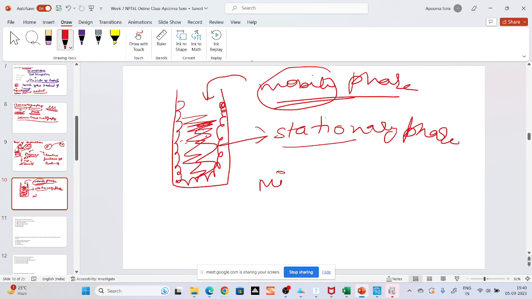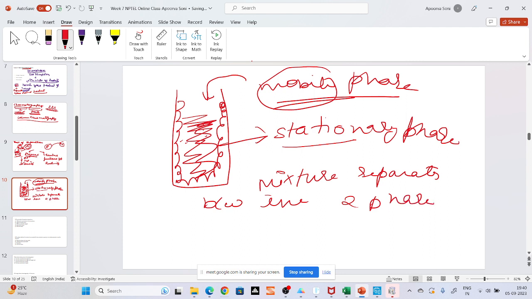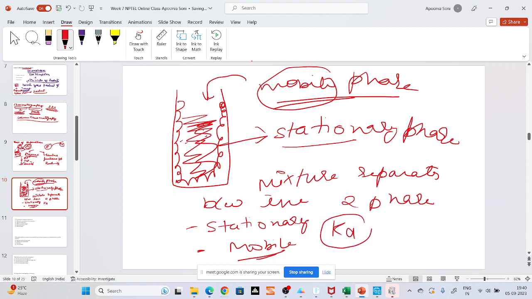So what I'm trying to say is that the mixture separates between the two phases, the stationary phase and the mobile phase. And we calculate that with the help of their distribution coefficient, that is KD. That means how much the mixture has separated in the two phases.